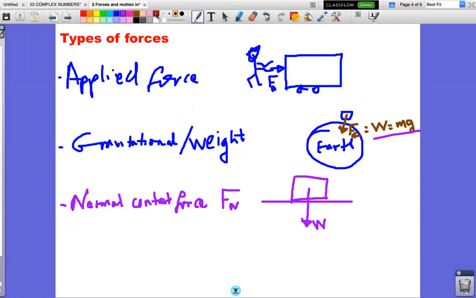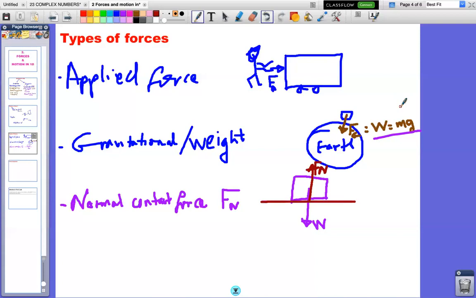But because this book is in contact with the table, it is touching the table, the table will have another force on the book, the normal force, F normal, on the book.